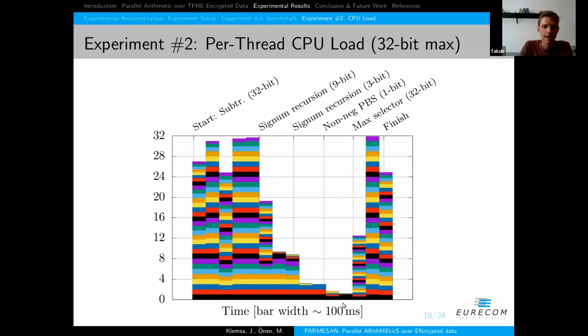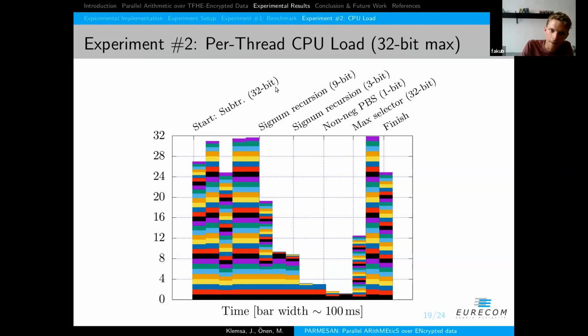Then we have a colorful figure here, and that's the second experiment, where we can see the analysis of CPU load for 32-bit maximum. This is with the old implementation, where bootstrapping took much more than before. So this is the maximum. First we need to start with subtraction.